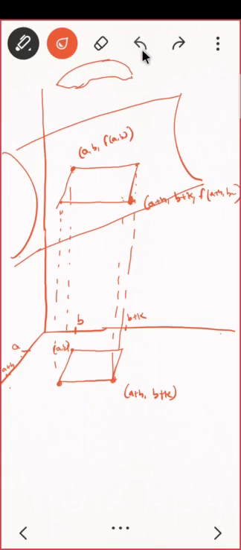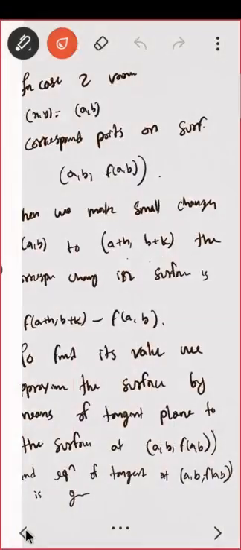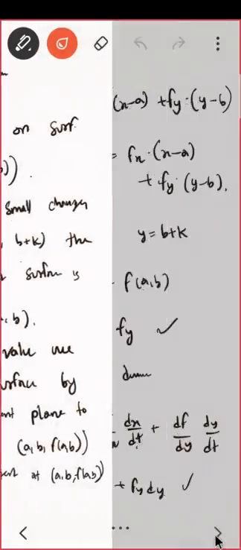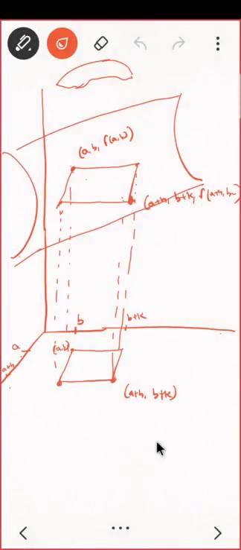I am drawing a rectangle, but it need not be a rectangle. There may be points which are on the surface, and it depends on your function all the time, correct? So the same thing I have drawn here, I drew everything on this function, that is (a, b, f(a, b)), and now here see, I am taking this.